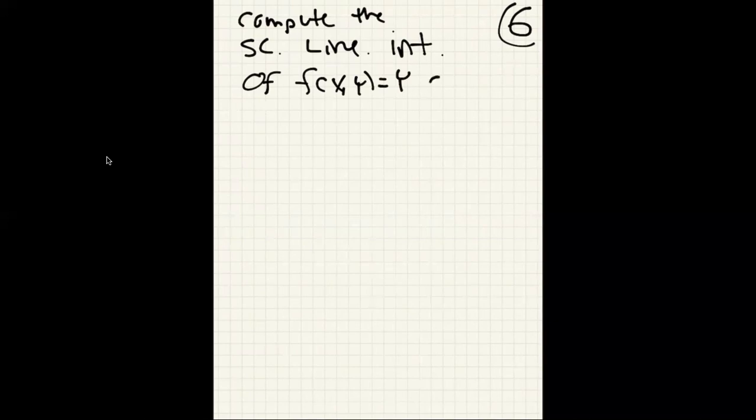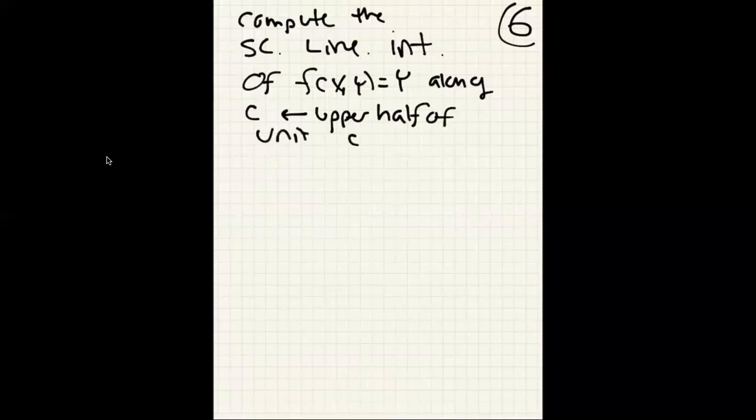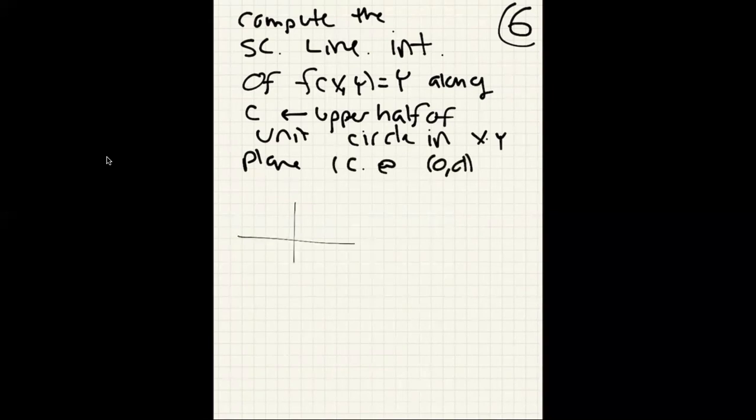And then along C, where C is the upper half of the unit circle in the xy plane, centered at the origin. I'm going to draw that C for us. The C, something like this.